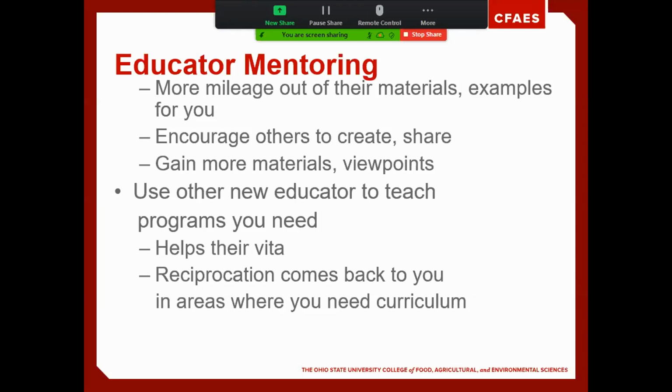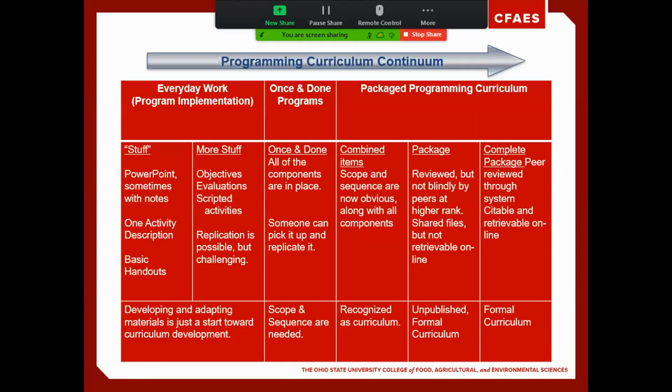I think I just said that one. So let's go on to the next one. Now, I hope that there's been a few things that we've talked about that you say, I've never really thought about that particular lesson or that particular topic.